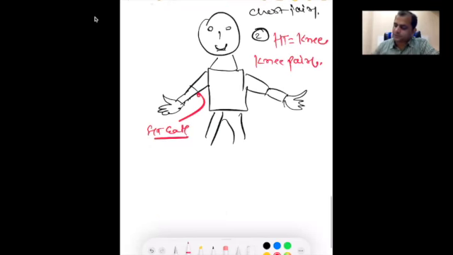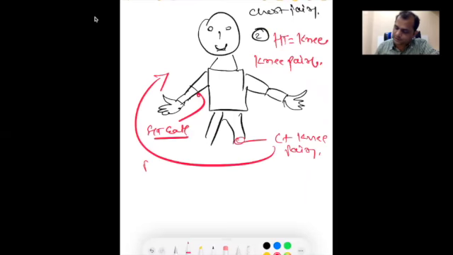If someone complains, can you treat my left knee pain? We put the point on the right side. As soon as you put the point, you ask the patient, okay, now move your knee. How do you feel? The patient will tell you, much better, much better.